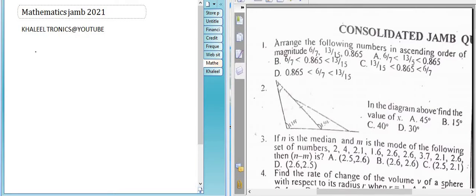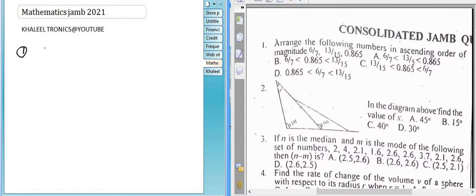The first number is 6 by 7, the second is 13 by 15, and the third one is 0.865. So we want to find the magnitude.